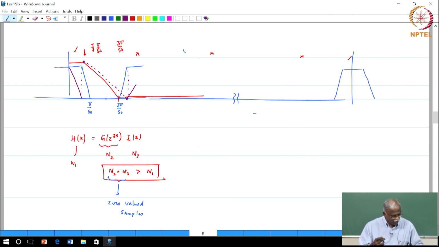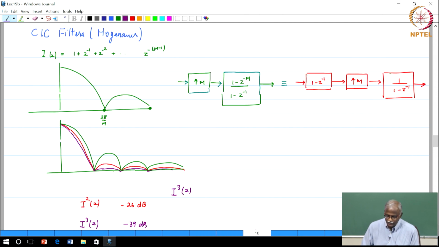Okay, so with that we would like to now introduce the new concept. By the way, the review of the cascaded integrated comb filters: the basic filter is of this type. You can cascade them to get higher attenuation, but we have to keep in mind that the pass band is not flat.